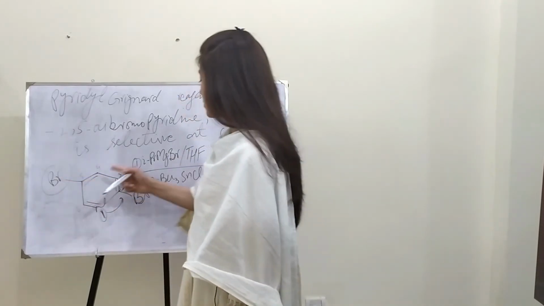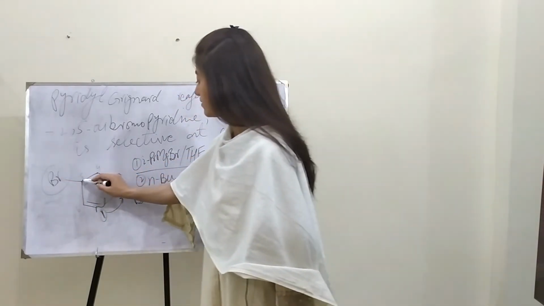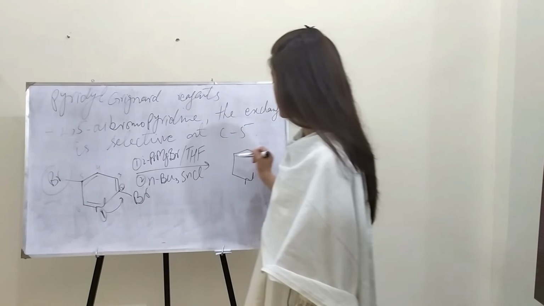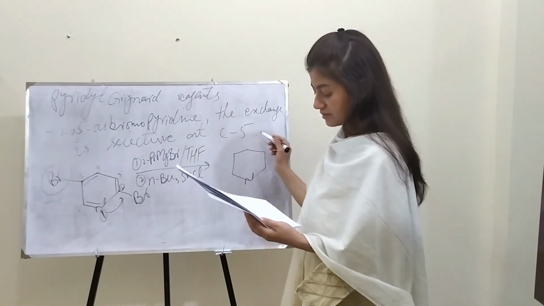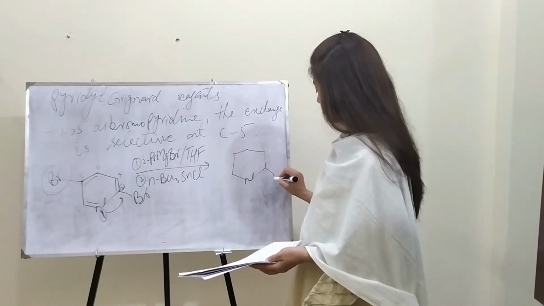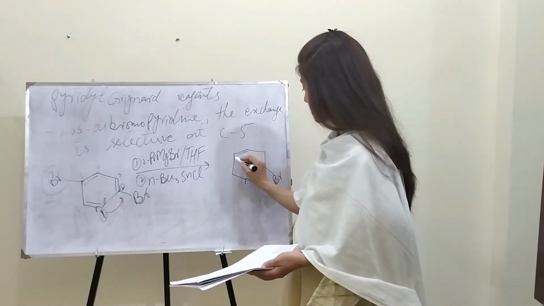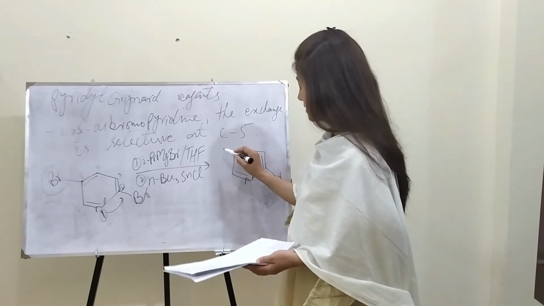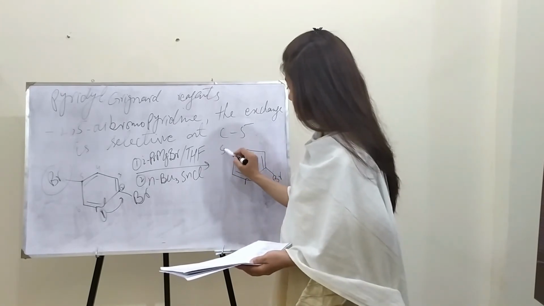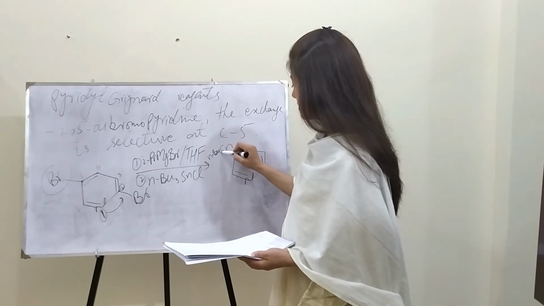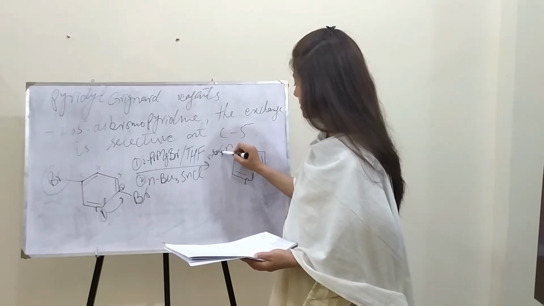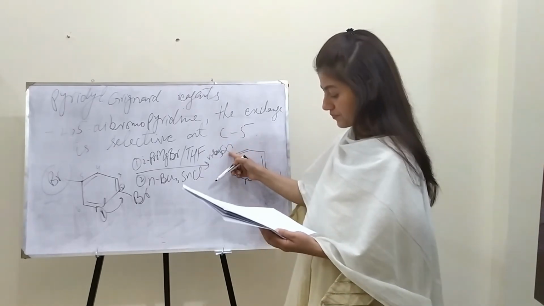So this bromine at carbon number 5 would be replaced, and it is selective; this bromine would be intact, and here this would be converted into the n-butyl selenium derivative.